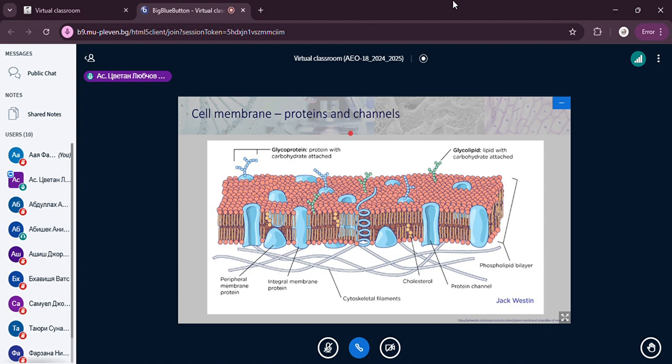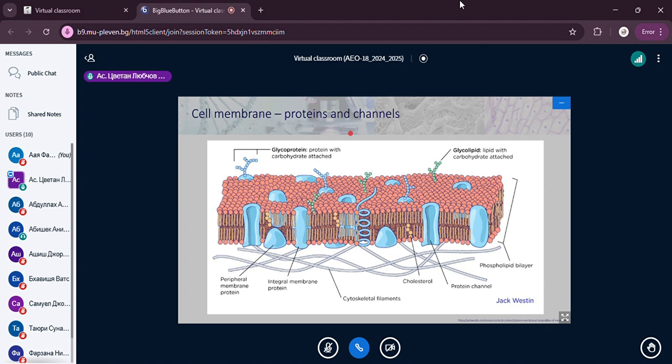We're going to see transmembrane proteins, which include the integral membrane proteins, and also peripheral proteins. Transmembrane proteins, guys, are the ones located on the surface of cells. They start from one side of the membrane, pass through the whole membrane, and come out on the other side.